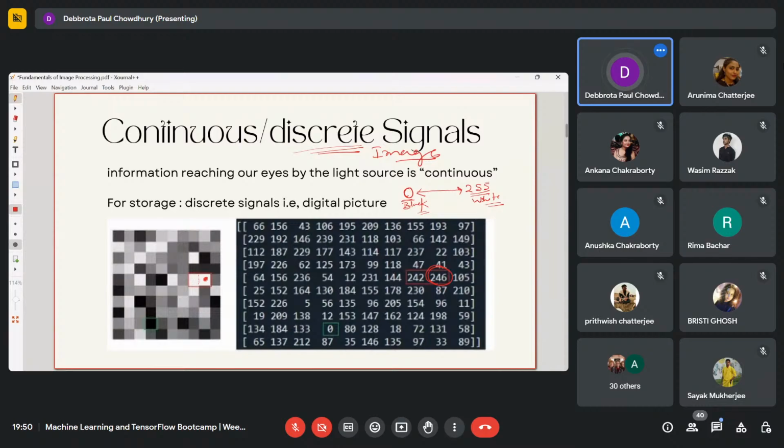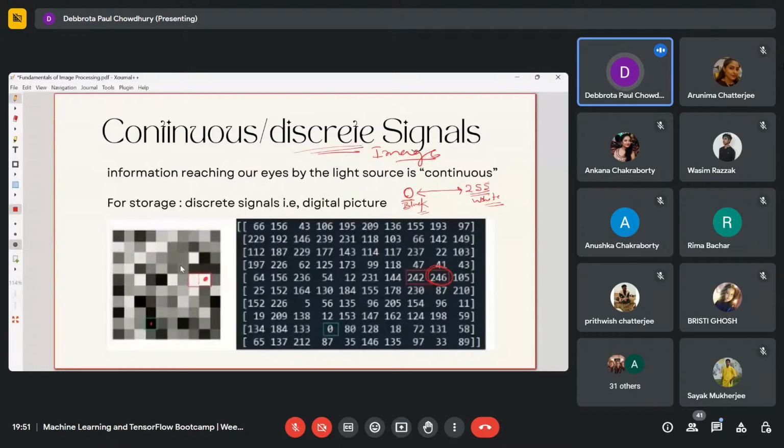If this is a black pixel, the corresponding value would be 0. And whenever we get a pure white pixel, the corresponding value would be 255. If we have a gray image, with no color, I'll come to the color concept later, the pixel value will vary from 0 to 255.